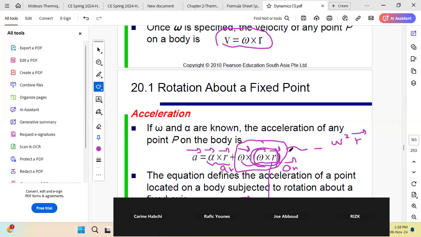The tangential component is alpha vectorial r, and the normal component is omega vectorial omega vectorial r. Okay?